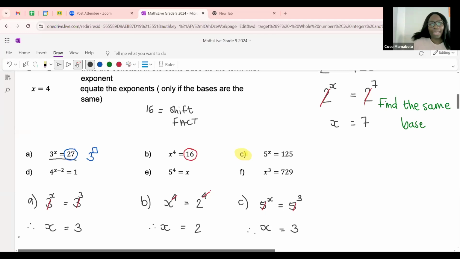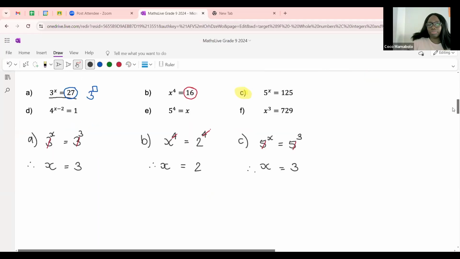Okay, excellent. Let's have a look at D, because D is a bit of a tricky one. And bonus points to whoever can tell me what we need to do with 1. So if we look at the question for D here, it says 4 to the power of x minus 2 is equal to 1. Now, there's a particular mathematical rule.